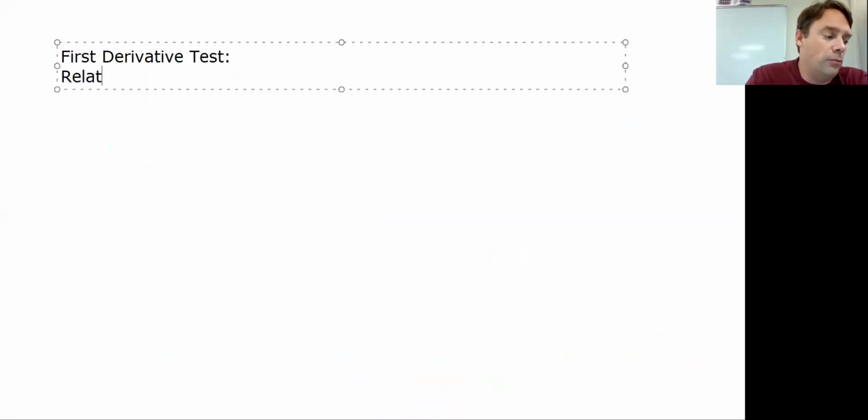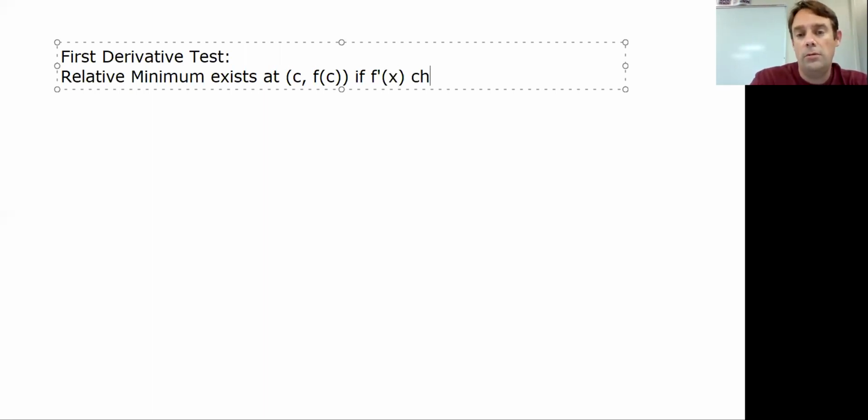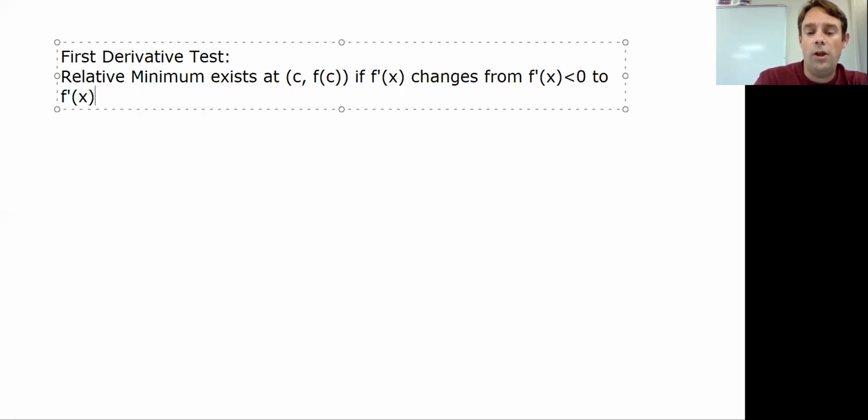It says a relative minimum exists at some point c, f of c, if f prime of x changes from less than 0 to greater than 0 at x equals c.